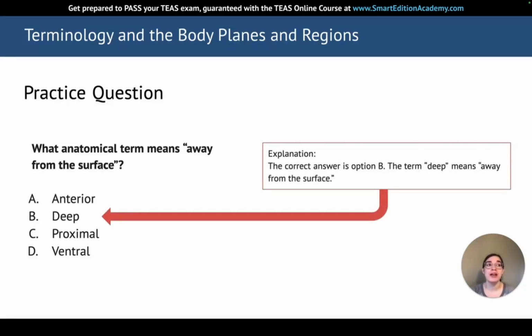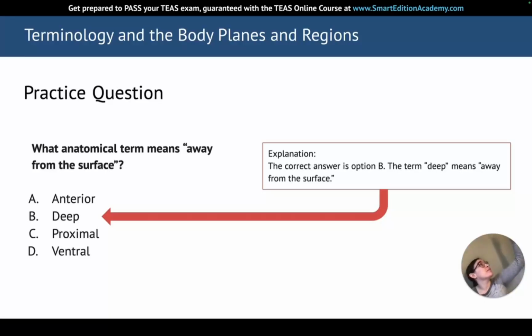So if you've ever swum in any body of water that you can completely submerge underneath, maybe you've swum down as low as you can go and you've looked back up and you can see the surface of the water far above you. So that might help you remember the definition of this word deep, being away from the surface.